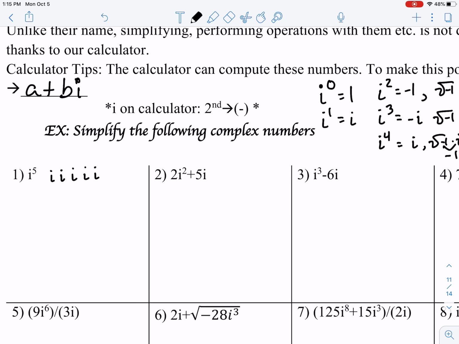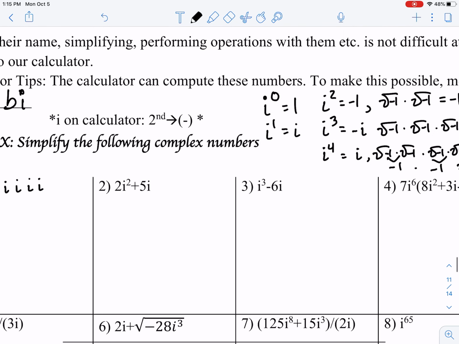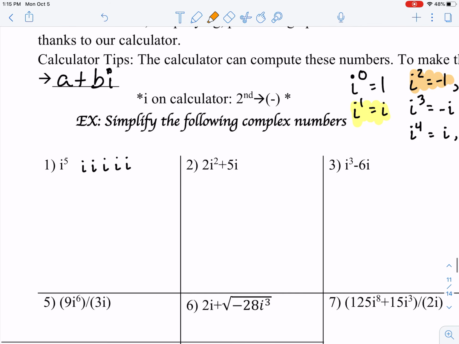And you can do any problem as long as you remember that I to the 1st is just I, and I squared is -1. Because any multiple can be made up of 1s and 2s.